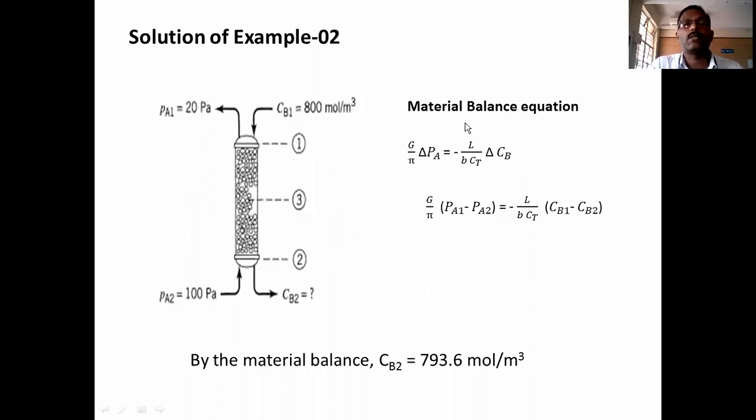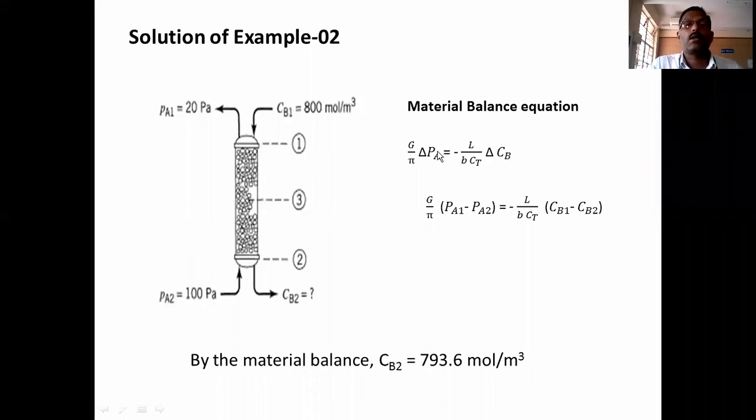So we use the material balance equation here. What is the material balance equation? We use the derivation from the design of tower for mass transfer with chemical reaction. Input equals output: G upon pi into dPA equals, for counter current operation, minus L upon B into CT into dCB.